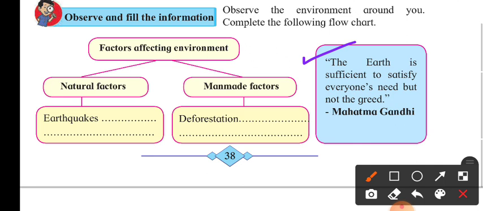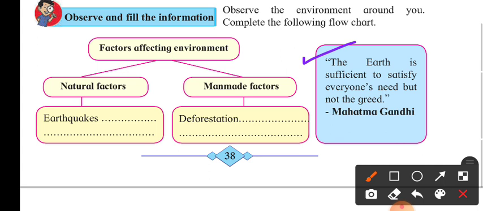He said clearly that the earth has sufficient resources on its surface for humans living on it, but not for greed. If greed increases in a person, then the earth will not be sufficient. Otherwise, the basic needs of humans can be fulfilled by the earth.